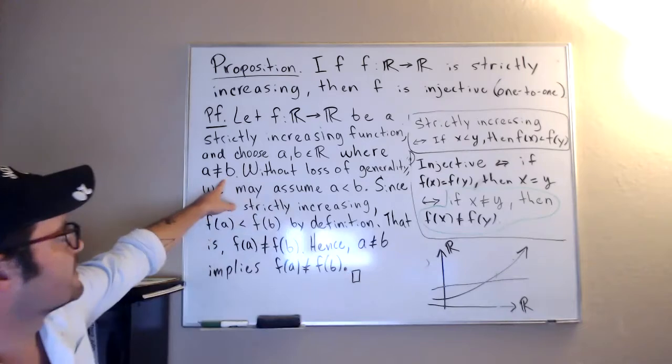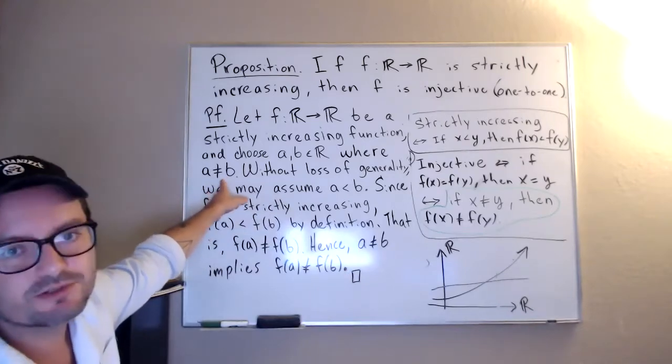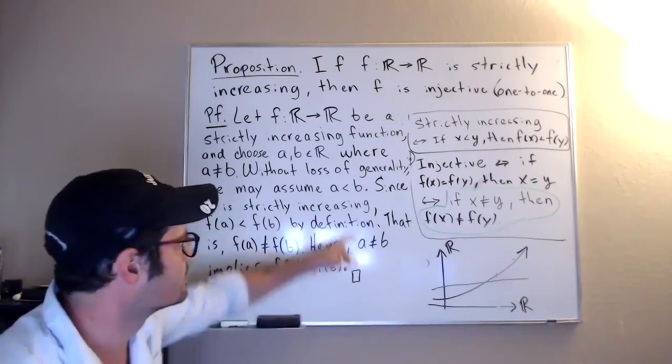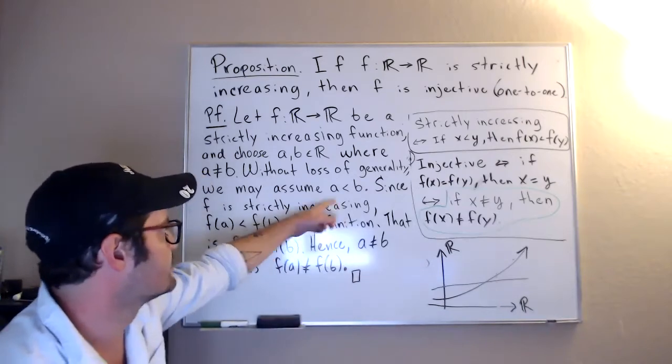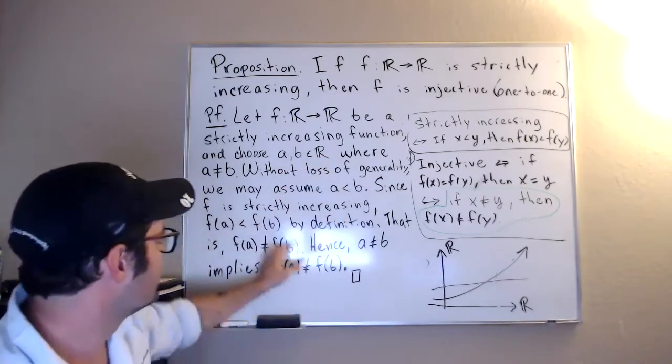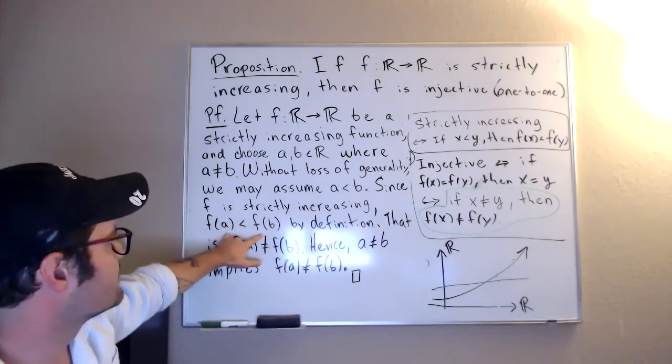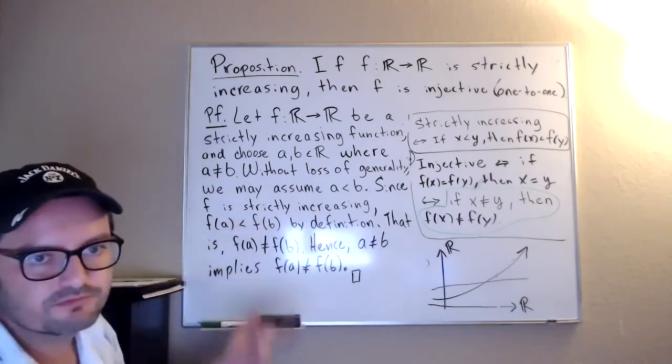When I started looking at arbitrary a and b, they just didn't equal each other. And if they don't equal, as real numbers, one has to be smaller. So we just picked a to be the smaller one. And then we saw that since it's strictly increasing, the images of those things have to be not equal.